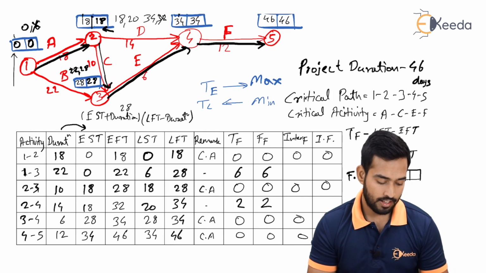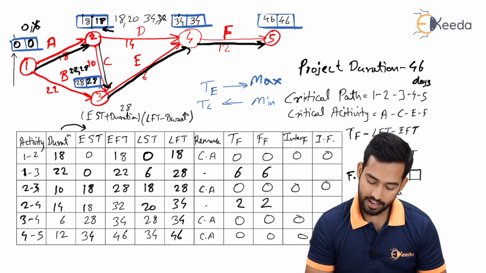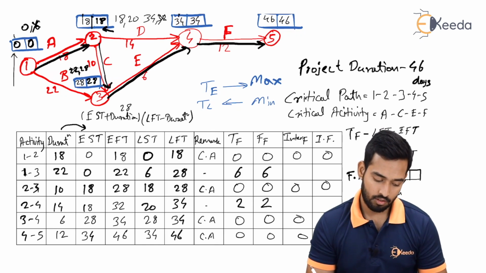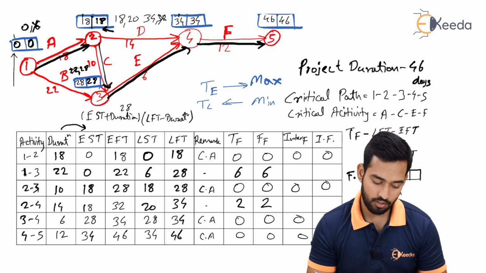Now let us calculate your next float, that is the independent float first. So how do you calculate the independent float?